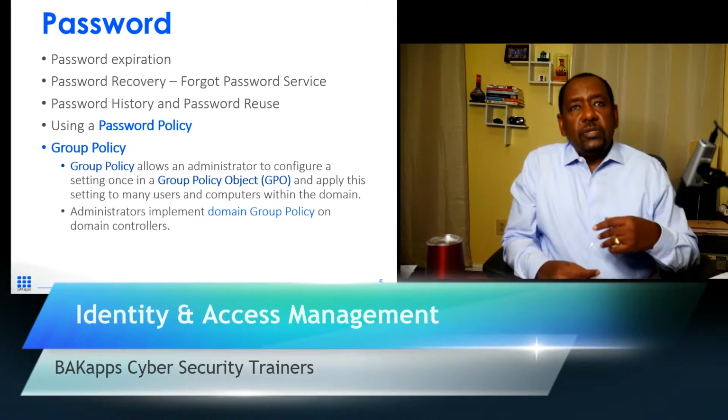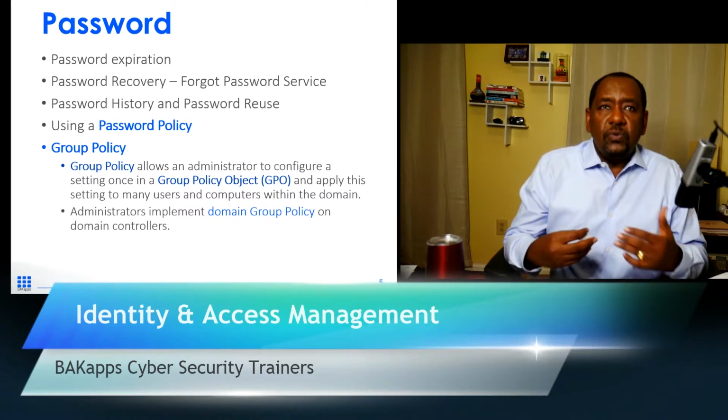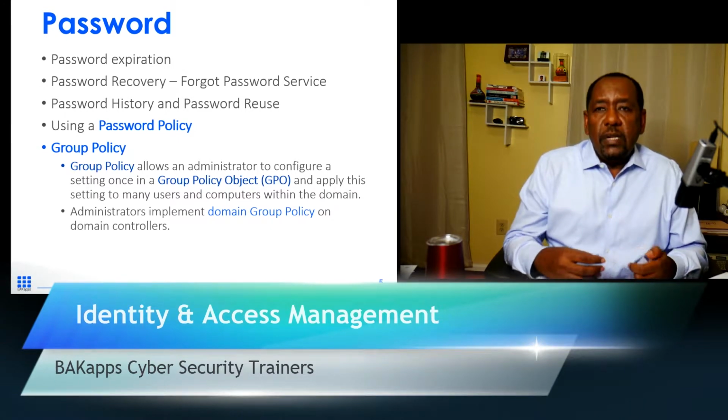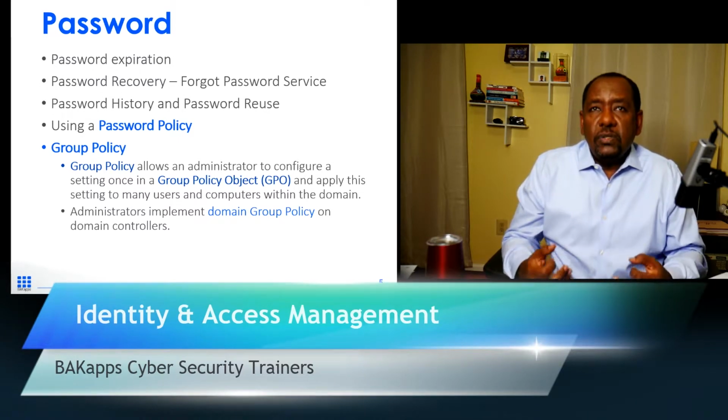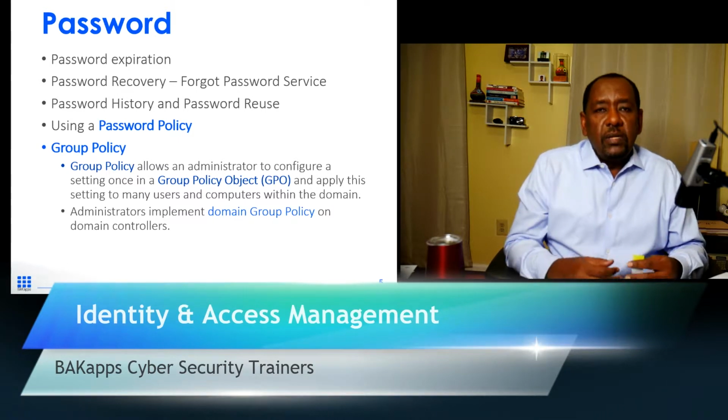So let's continue our discussion on passwords. There is password expiration, passwords expire. There is password recovery, meaning when you forget your password, there must be a way to recover it. There is a service called Forgot Password Service. There is also a password history.